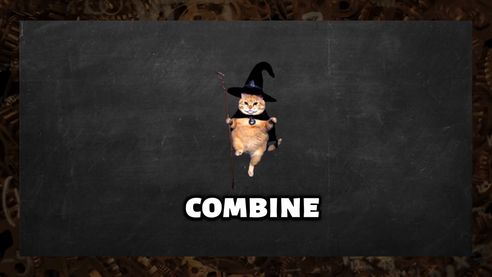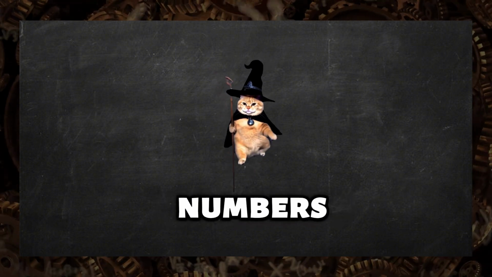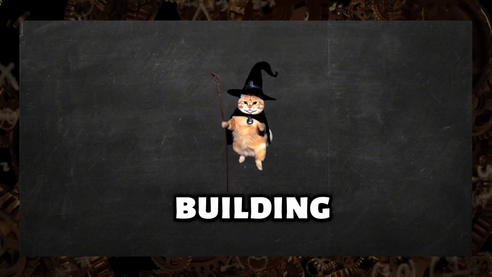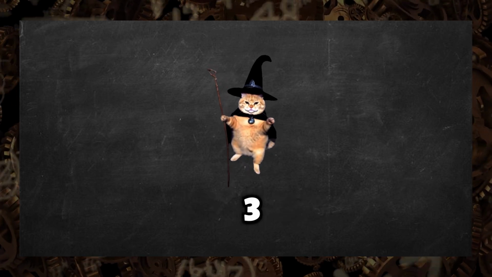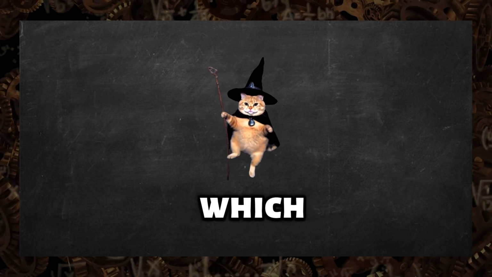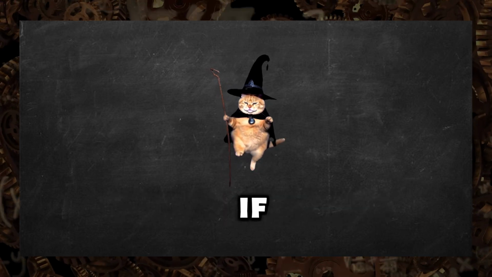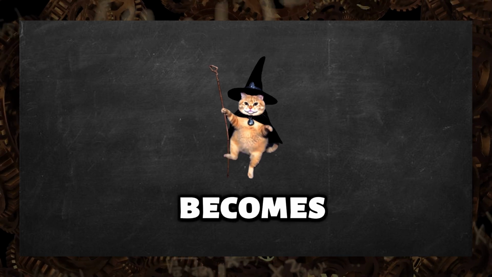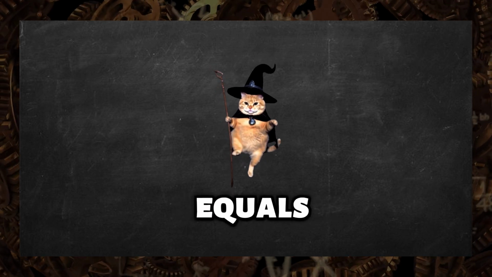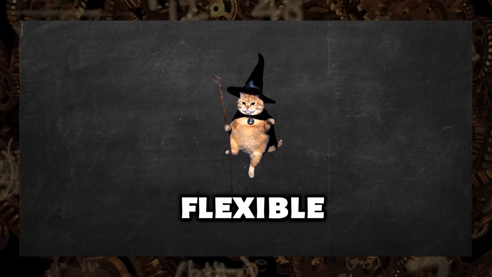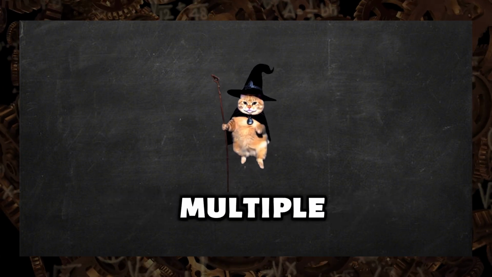Expressions in algebra combine variables, numbers, and operations without an equality sign, serving as building blocks, such as 3y minus 4, which can be evaluated by substituting a value for y. If y is 5, it becomes 15 minus 4 equals 11, demonstrating how variables allow for flexible computation across multiple instances.